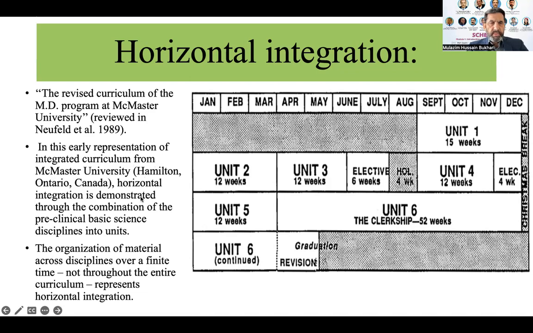Horizontal integration is demonstrated through the combination of the preclinical basic sciences disciplines into units. They have combined the subjects in the units. The organization of the material across the disciplines is over a finite time, not throughout the entire curriculum. There is a limited time of 15 weeks, 12 weeks.